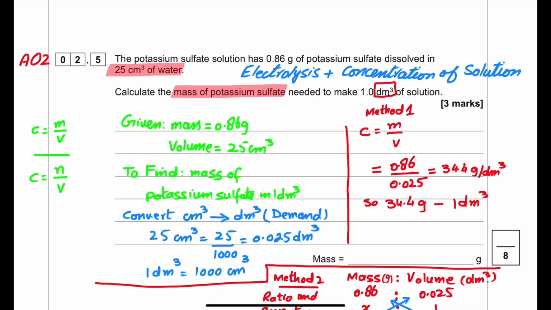The mass is already given, that is 0.86, and the volume is given as 25 cm³, which we already converted into dm³, 0.025 dm³. So we can use the first formula, C equals m over V. Concentration is equal to mass per unit volume. The mass is 0.86 divided by the volume in dm³. So the answer is 34.4 gram per dm³.